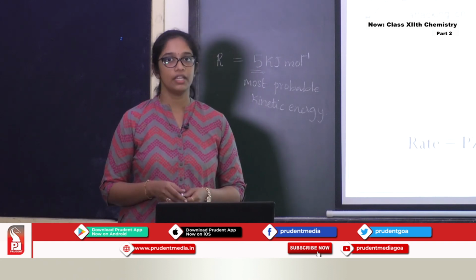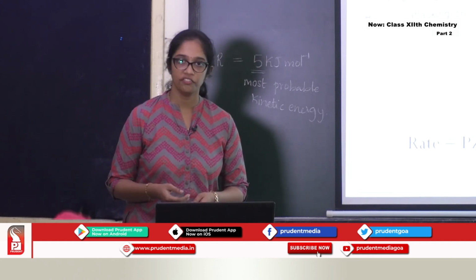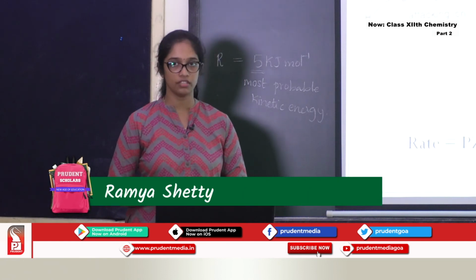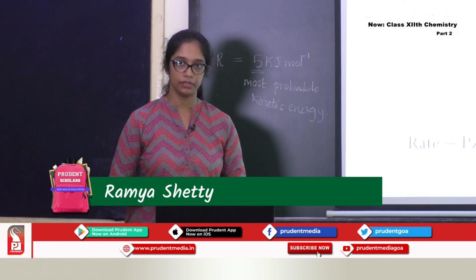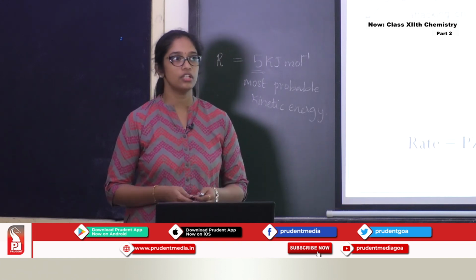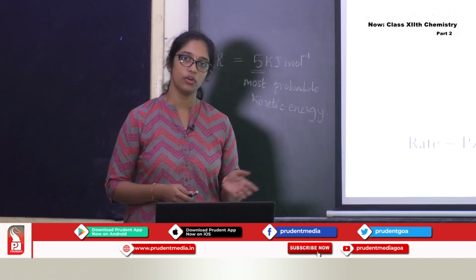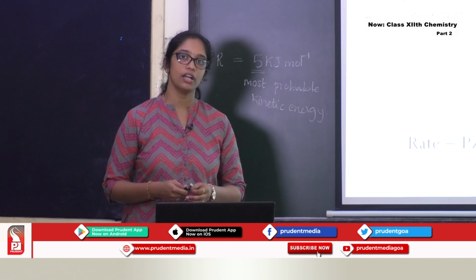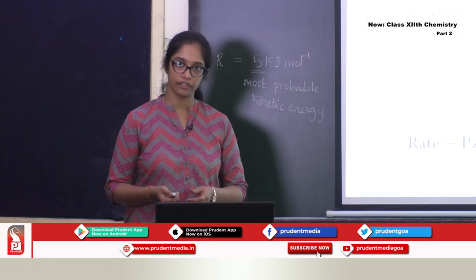Now, you can be expected to solve problems based on the equations that were derived in the first part of this chapter, and also on the equation that we have mentioned for temperature affecting the rate of a reaction, wherein you can be asked to calculate activation energy.